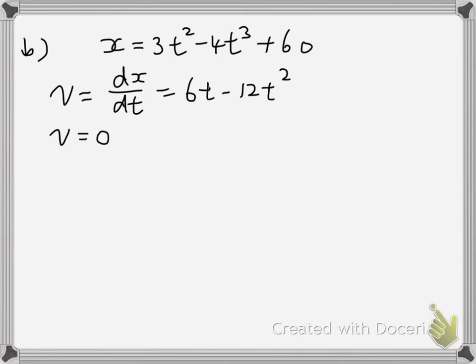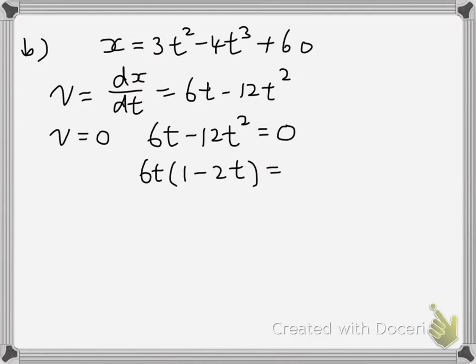At what values of t is this velocity 0? So then you say 6t minus 12t squared equals 0. Alright? So you can factorize this and say, when time is 0, its velocity is 0. Okay, or when time is half.